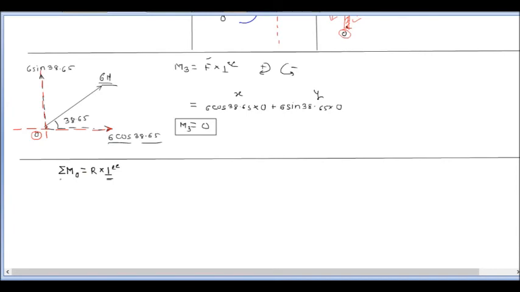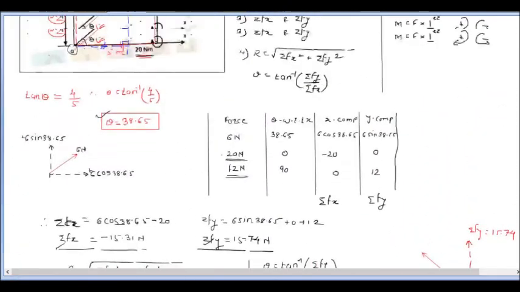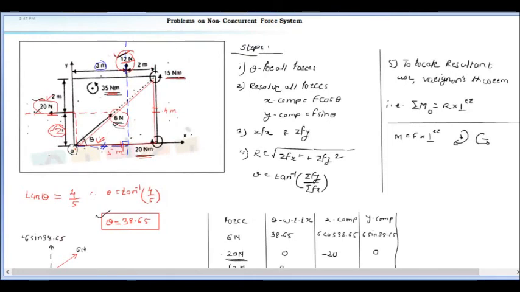So the summation of all moments, that is M1 plus M2 plus M3, and also the moments listed here: 15 Newton meter one moment, 20 Newton meter one moment, and 35 Newton meter one moment.